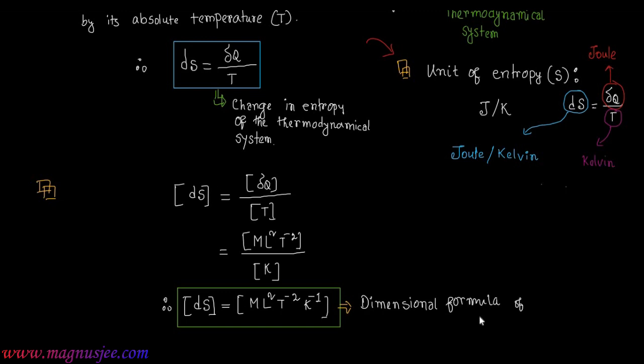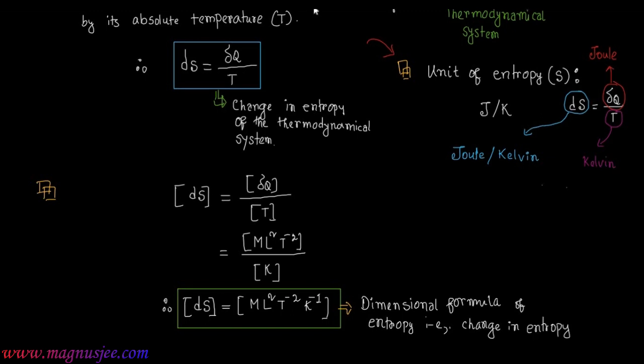Dimension of dS is ML^2T^-2K^-1, which is the dimensional formula of change in entropy.